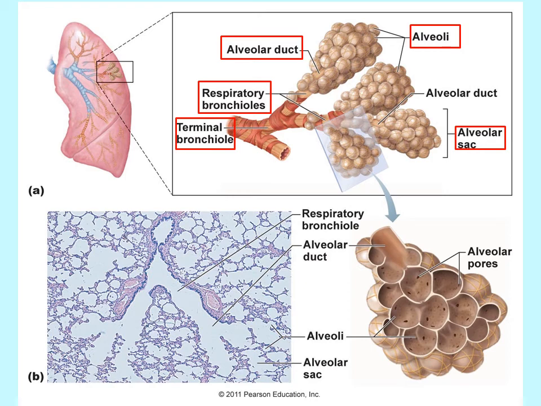From the tertiary bronchus, you move to the terminal bronchioles, which is even smaller in its diameter, to the respiratory bronchioles, down to the alveolar ducts. Where the alveoli are, the alveolar sac is this collection of all these individual little alveoli. That is where the gas exchange is actually going to occur.